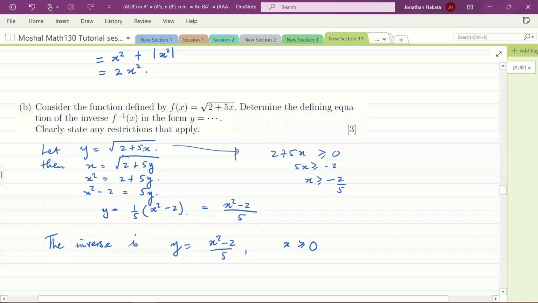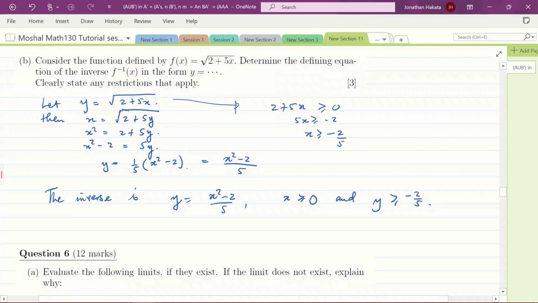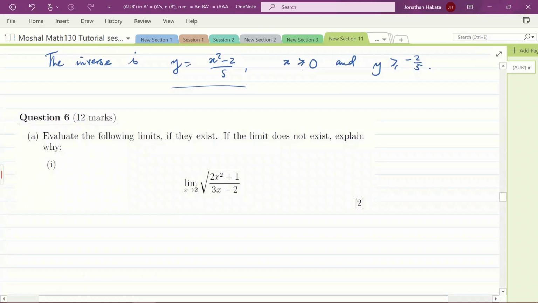The minimum value of y becomes the minimum value of x, and the minimum value of x becomes the minimum value of y. They interchange. These are the two restrictions for the inverse to exist. We can revisit that.